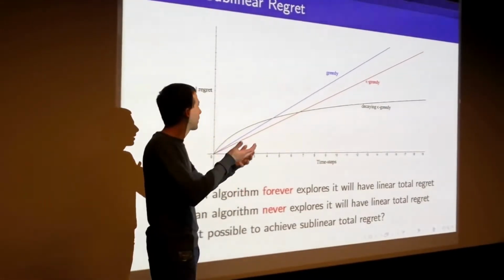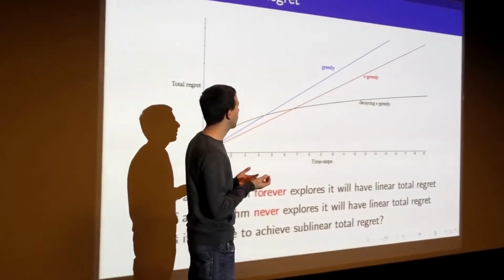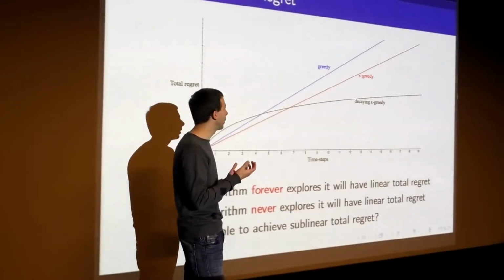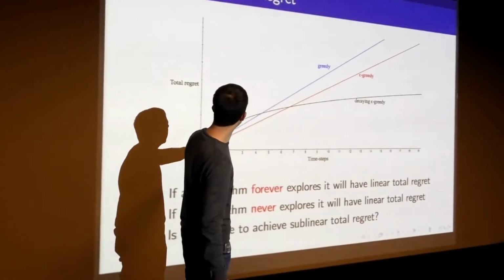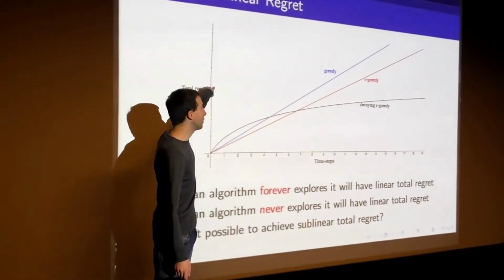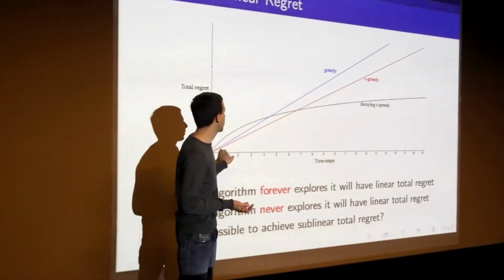So the real question here is what does this regret look like over time? And what we'll see is that for most naive algorithms, and we'll consider a few naive algorithms before we start to consider better ones, the regret, so if this is time over here, and this is the total regret that we've accumulated, what happens if we use one of our familiar algorithms like epsilon greedy?